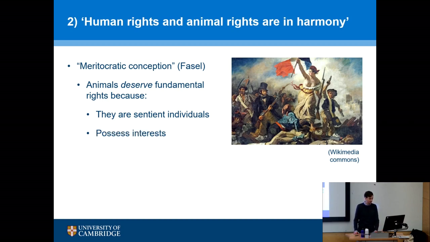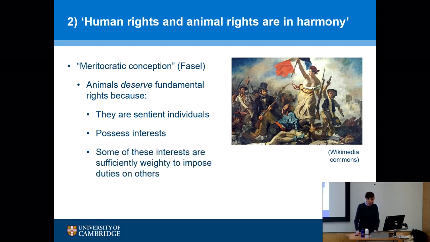As sentient individuals, they have certain interests. Being alive, being free, maybe being with companions, with family, say, depending on the individual. At least some, maybe not all, of these interests are really weighty, really important, and they may impose duties on others, therefore giving them certain rights under the interest-based rights theory.